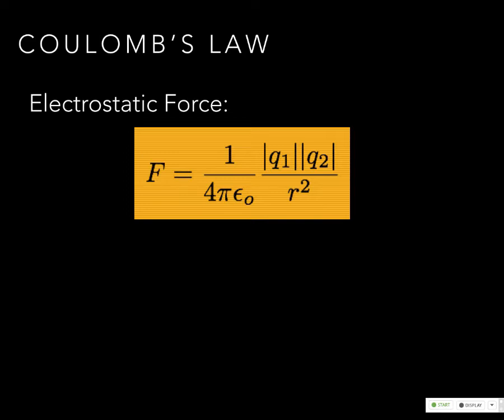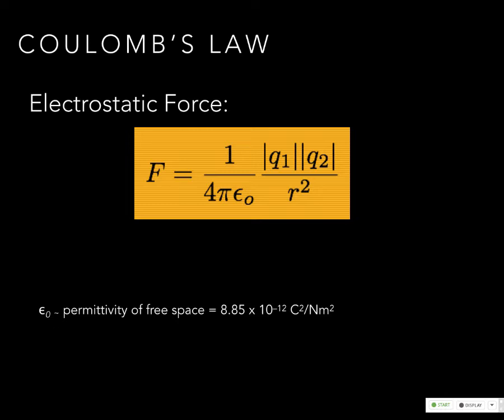So I put these in absolute values, so we don't have to worry about the signs yet. But this force looks like this, and we call this K. It turns out this is our universal constant, 4 pi times some constant. Of course, 4 pi is also a constant. But epsilon naught is something called the permittivity of free space. Free space, what do you think that means?